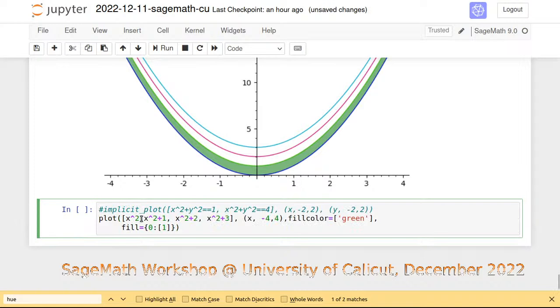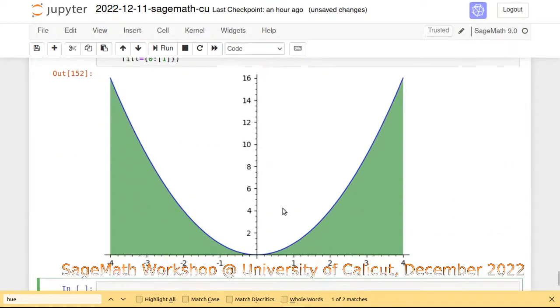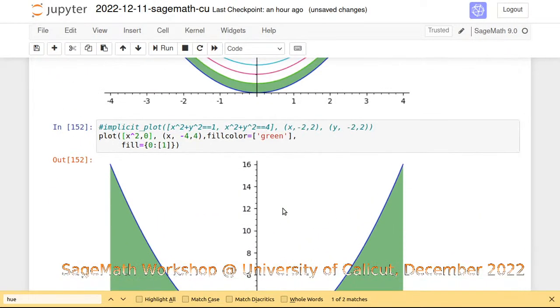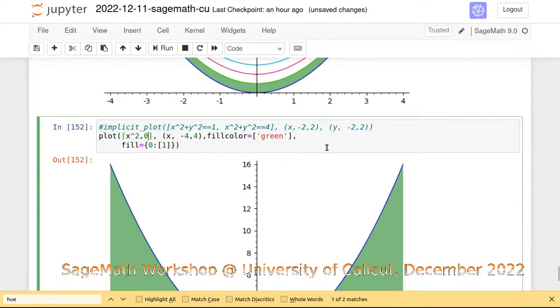Okay, between x square and x equal to 0, sorry, this is y equal to 0, not x equal to 0.